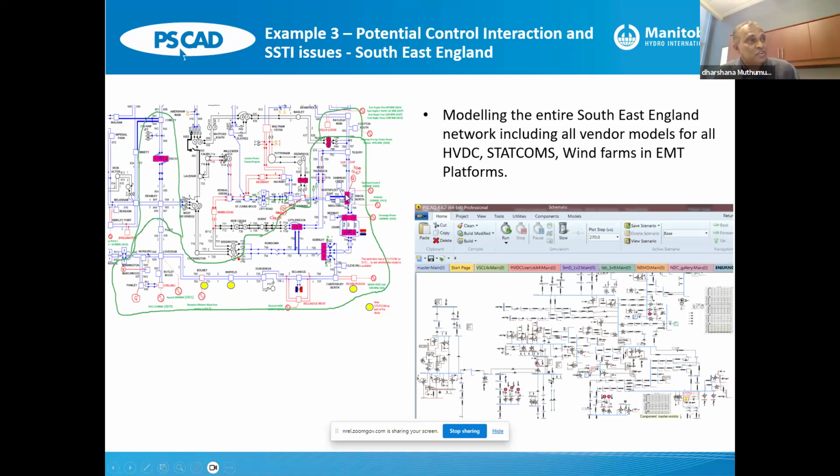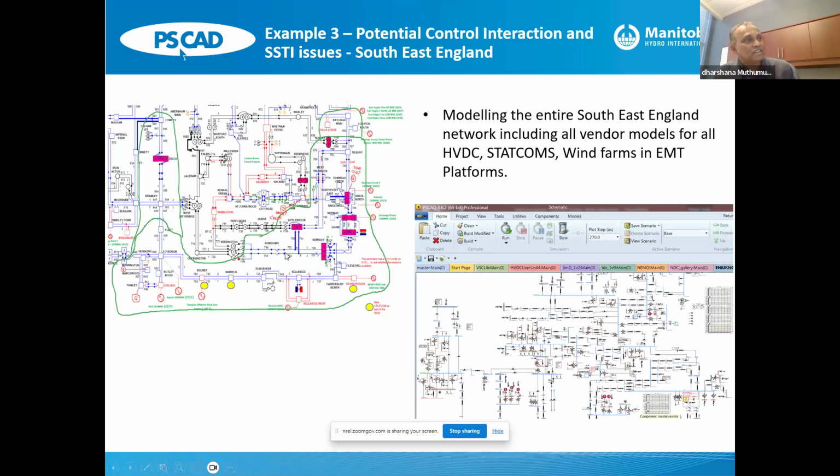There is thermal generation as well, and the power goes all the way up to London, the major load center. So when we were doing the study, it was not possible to limit the model to a small area because the 3 STATCOMs themselves captured a wide area. So this was probably one of our first large system studies.